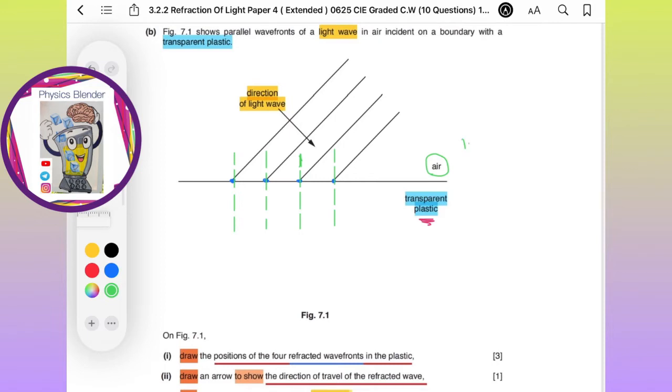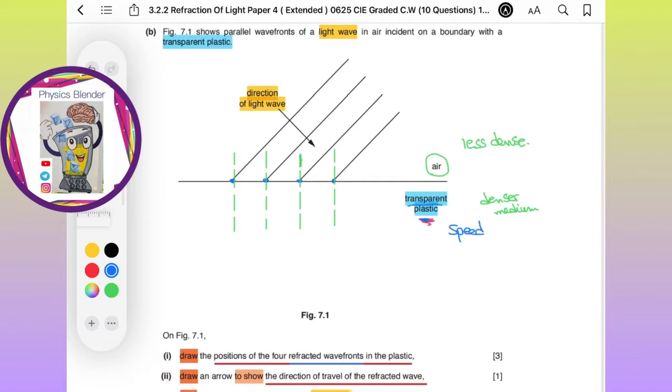So here we have less dense, and here we have the denser medium. What do you know about air and the speed of light in air? Speed of light in air is the maximum speed of light in all media. So what happens when it enters the transparent glass?